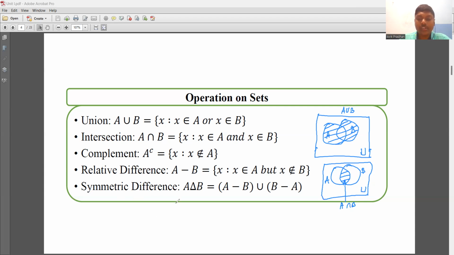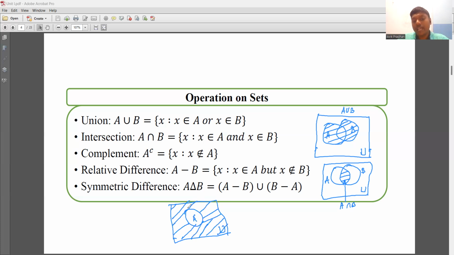Now, what do we mean by the complement? If I take the Venn diagram here, this is the universal set, and this is my set A. Then A complement is going to be this whole part which does not belong to the set A but belongs to the universal set.